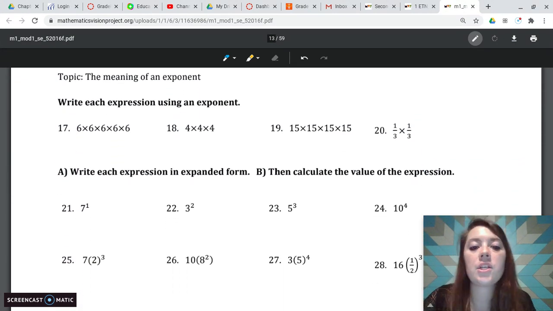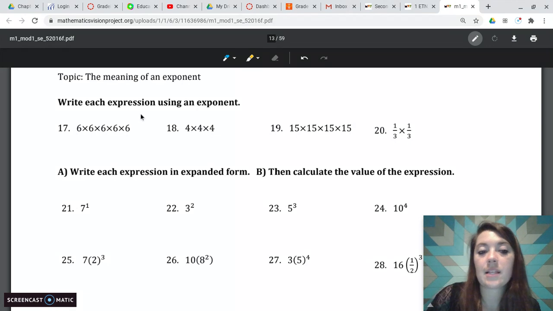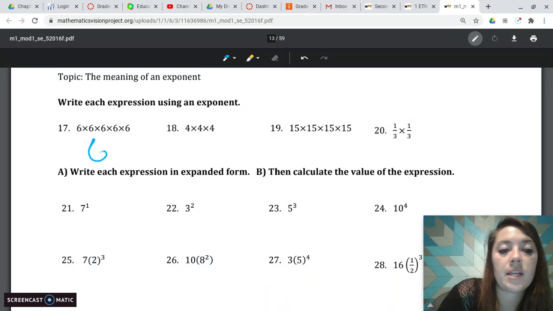So we want to write each expression using an exponent. So with exponents, we have a base number and we have the exponent. The base number is the number that's being multiplied all the times. So if we look at 17, the base number is the 6 because that's the number that's being multiplied together each time.